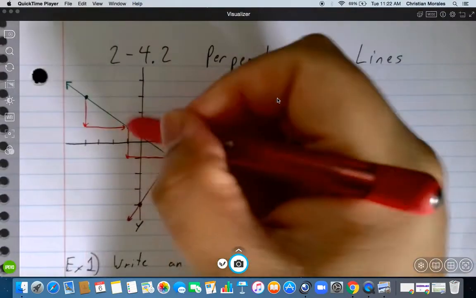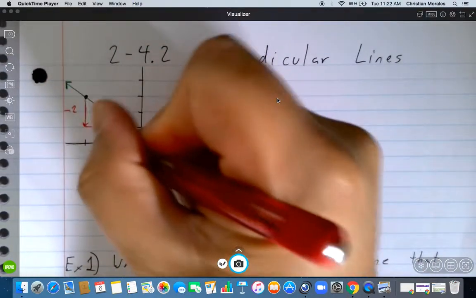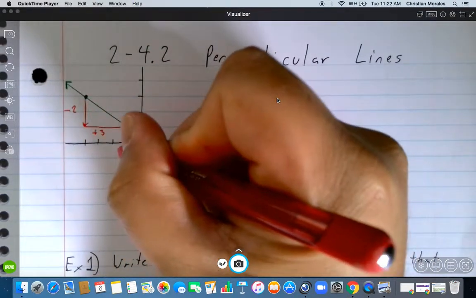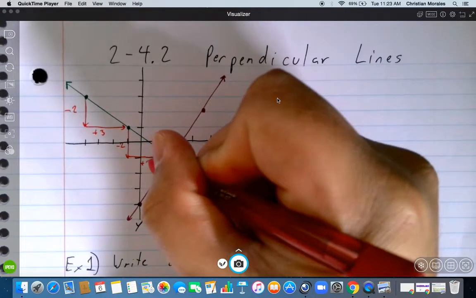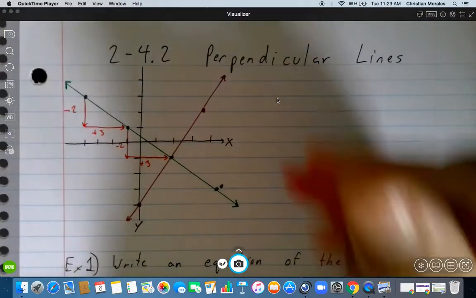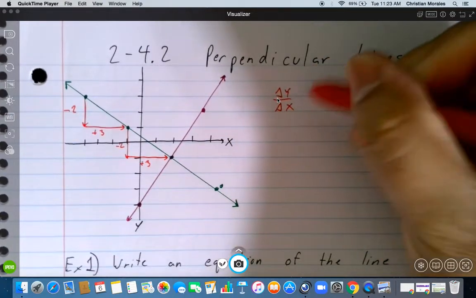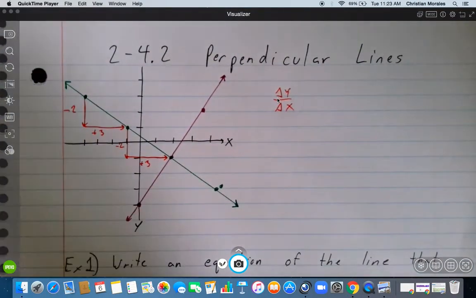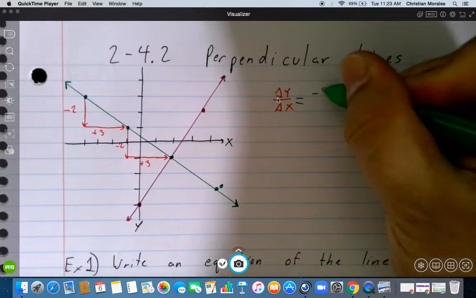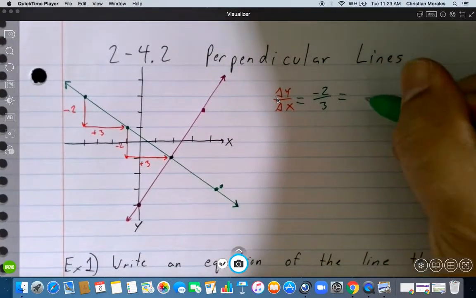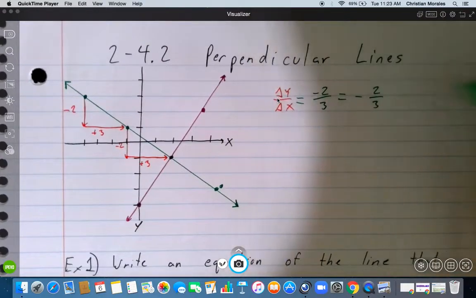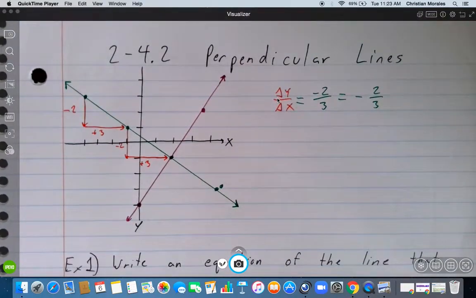So from this point to this point, I go down 2 and to the right 3. So the slope, your change in y over the change in x for that line, is -2 over 3, or just -2/3, keeping the negative sign in the middle.